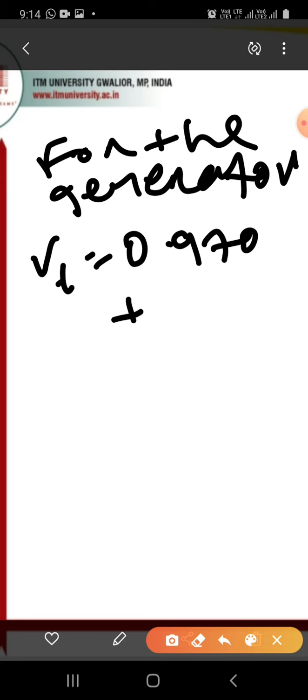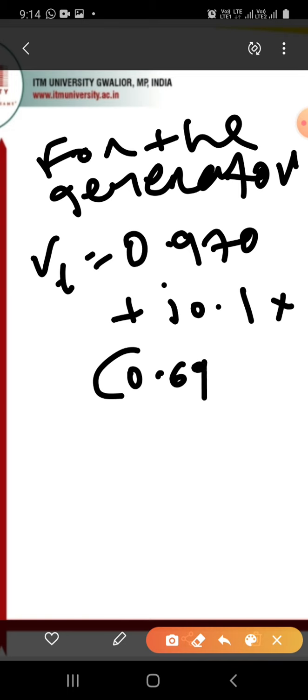As per the question, our reactance is 10%, so I am writing j 0.1, multiplied with our current IL, which is 0.69 plus j 0.52.